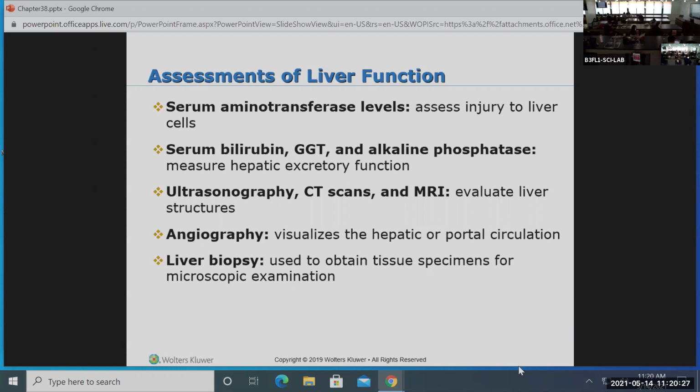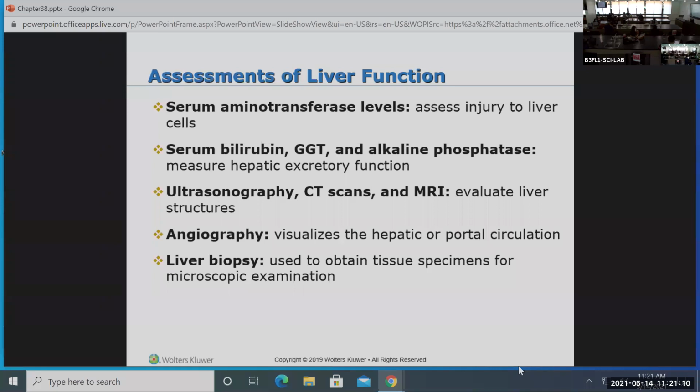We have these in the textbook also, so please go through all these liver function assessments in the textbook too. They assess the injury to the liver. So if the enzymes are above normal, that indicates something is not going well with my liver. Number two, bilirubin, normal serum bilirubin, we need to see that one. GGT and alkaline phosphatase, ALT. SGPT and SGOT, as they used to be called.